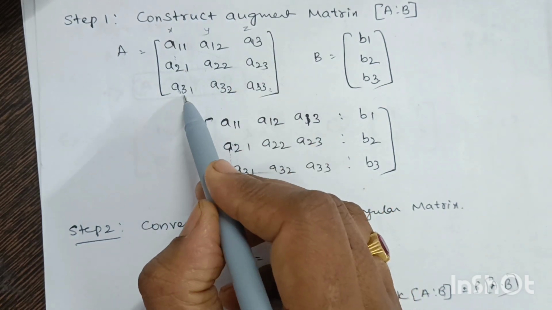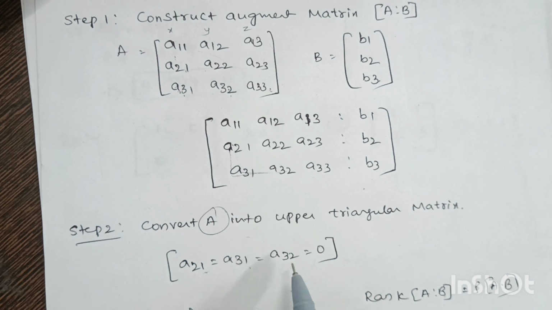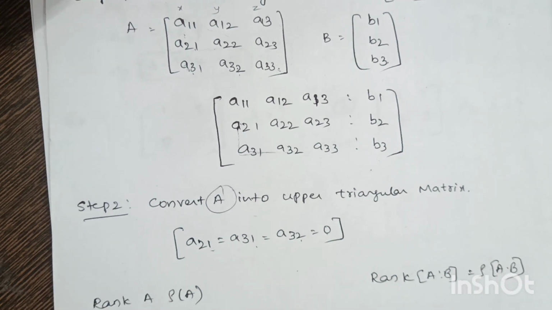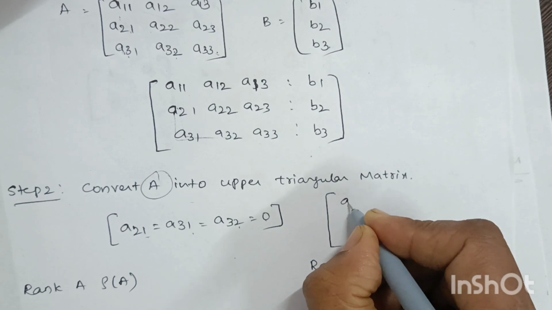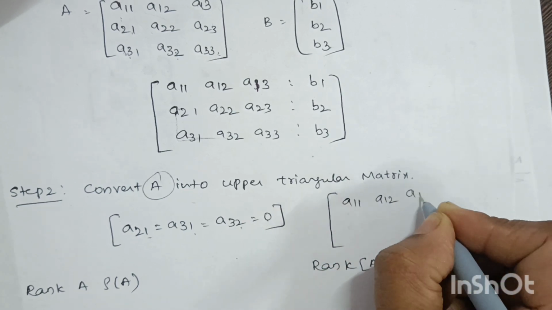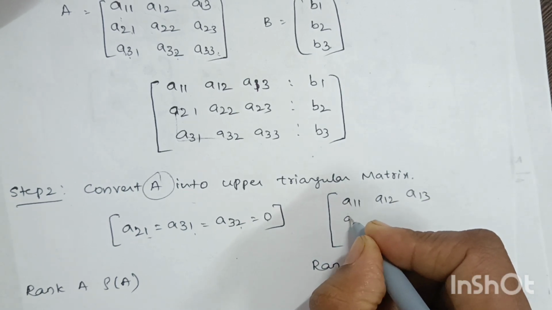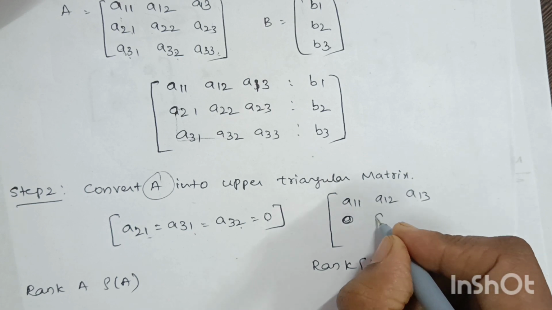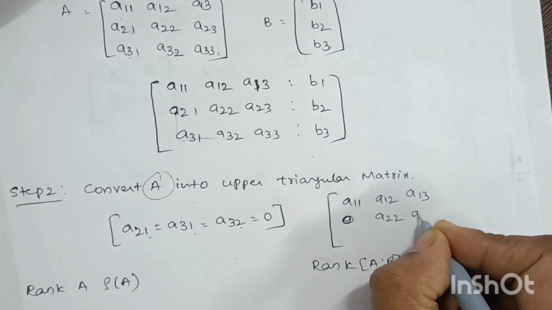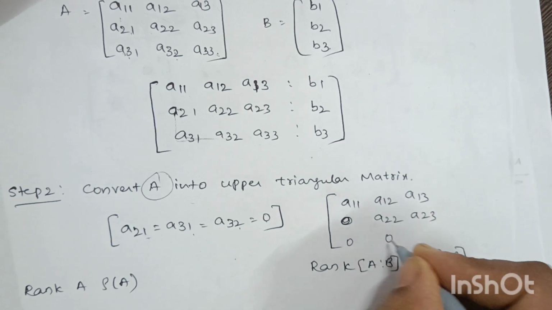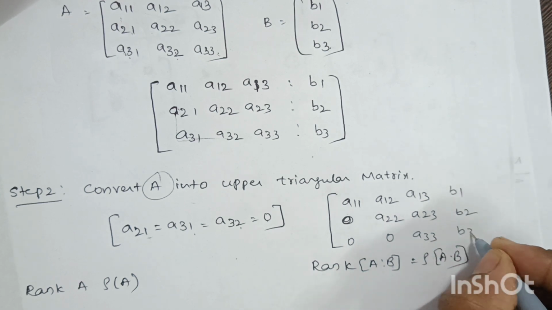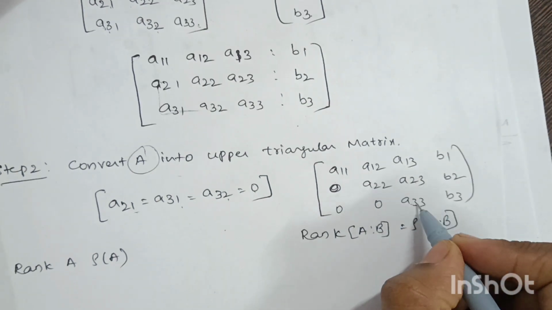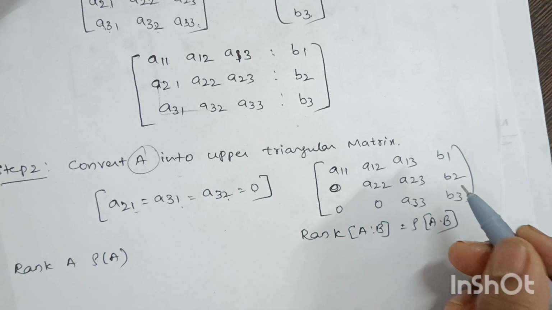So we'll get some form like this: a11, a12, a13, then zeros, then 0, 0, a33. And we don't know these values; we may get values or zeros also.